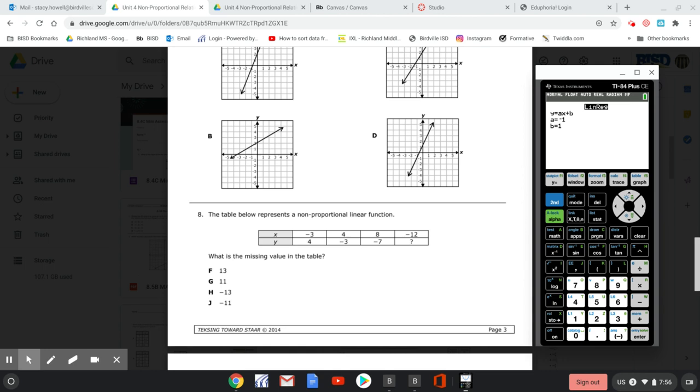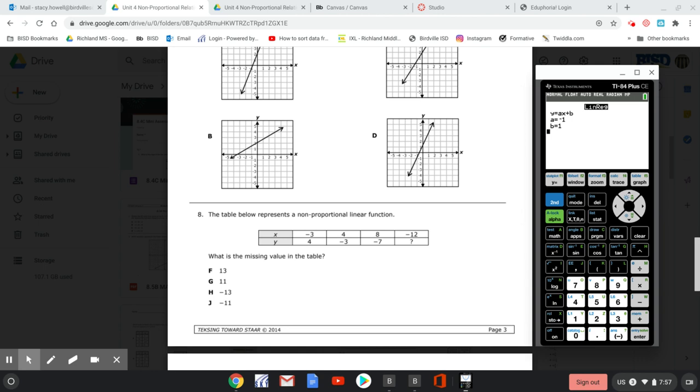So we can see that y divided by x is 4. Let's see, what's it doing here? What is the missing value of the table?